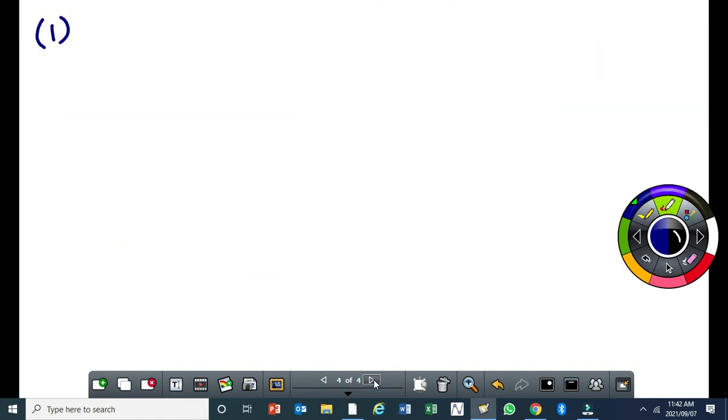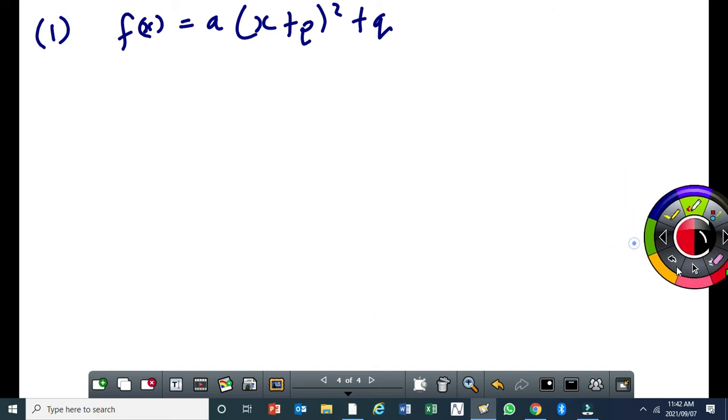Okay, so let's talk about number one. f(x) equal to a times (x plus p) squared plus q. I'm not supposed to worry myself too much because that q represents the vertical shift. You discussed that last year. No, you can't say you don't remember.